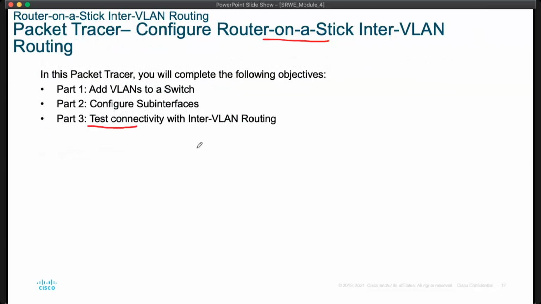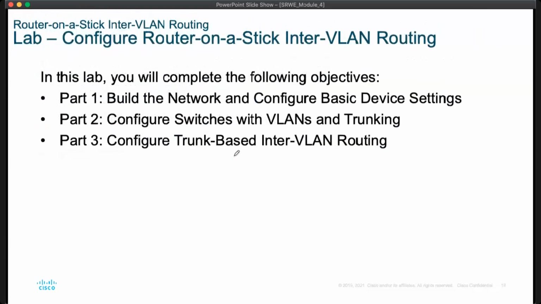You can get this Packet Tracer from NetAcad. For the lab as well, we have this kind of lab. We will use this lab also for practicing in our real device lab.